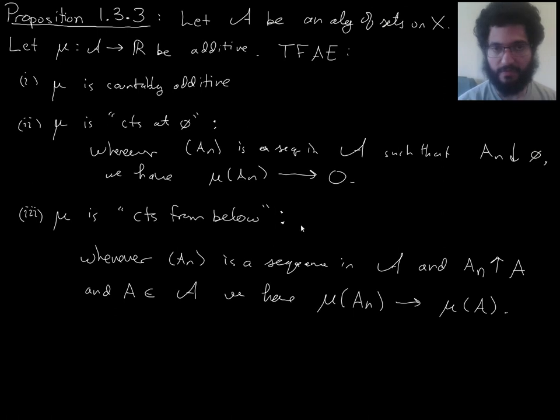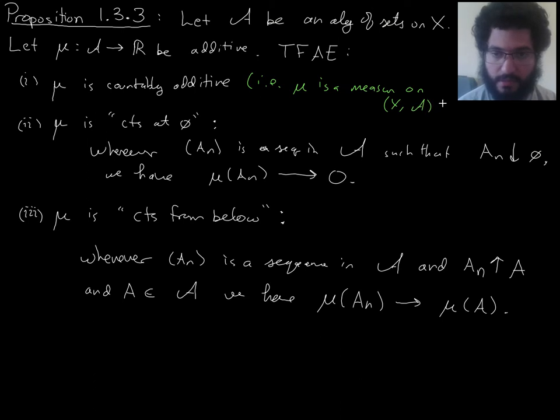And pretty soon we're going to define the word measure officially, and to say that mu is countably additive is to say that mu is a measure on this. I guess I shouldn't call it a measurable space since A is not necessarily a sigma algebra here, but on this almost measurable space object thing. So these are equivalent conditions to having an additive function qualify to be a measure. Okay, measure not defined yet, that's coming up very soon.